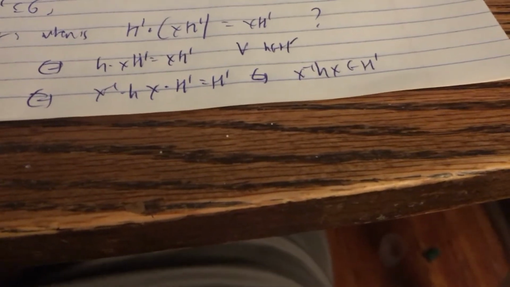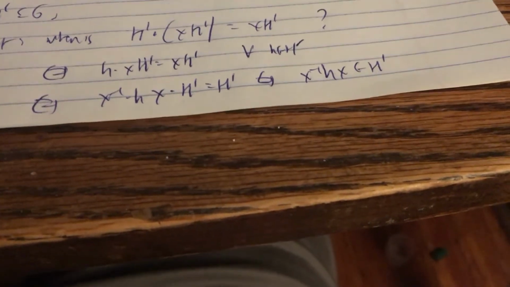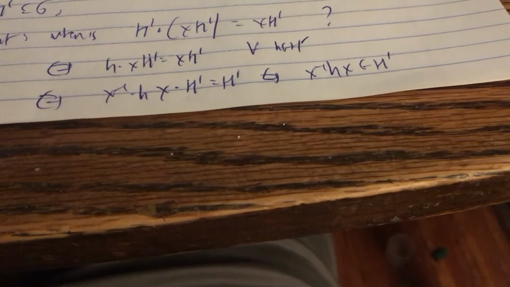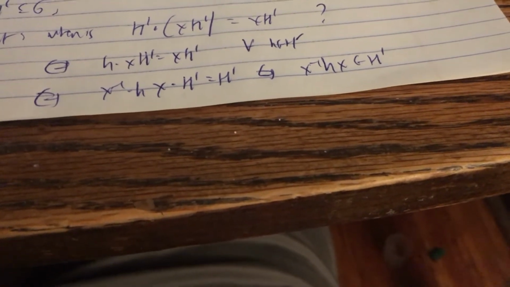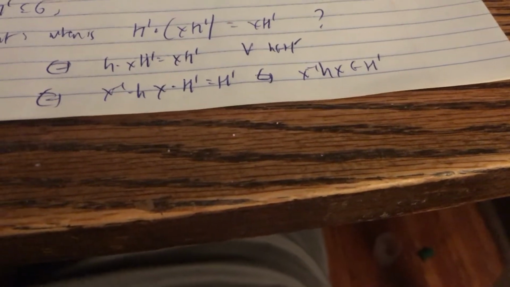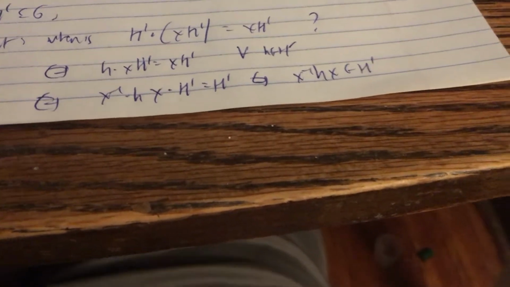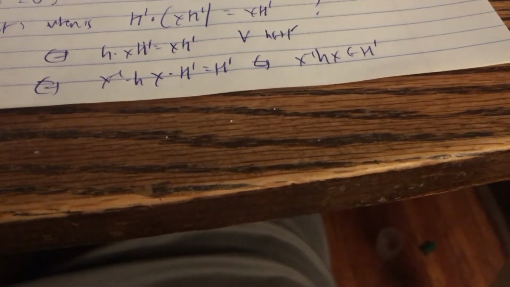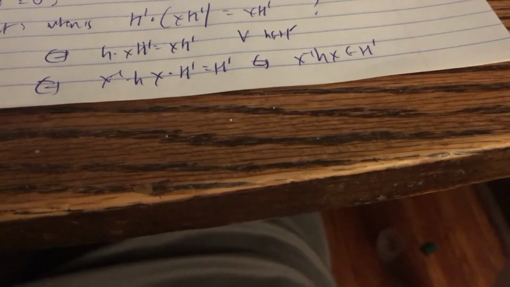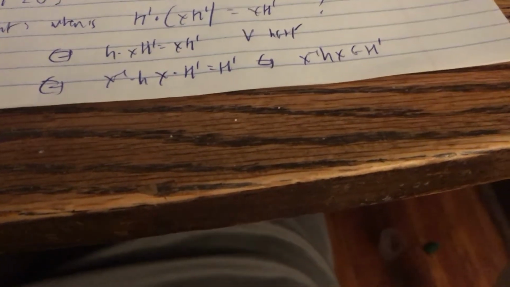So this can in fact be reformulated even more easily as this element being inside H prime, just by looking at the action on the identity. So okay, what does that mean? That's a statement that says that when I conjugate by X inverse, just to be clear, this is for all H in H prime, I'm remaining in H prime.